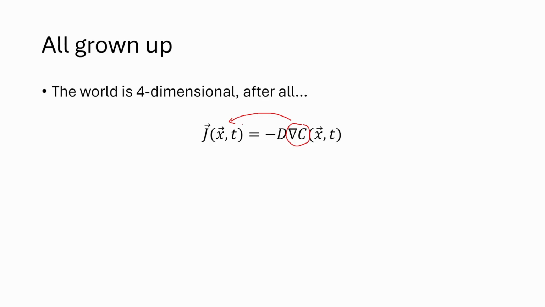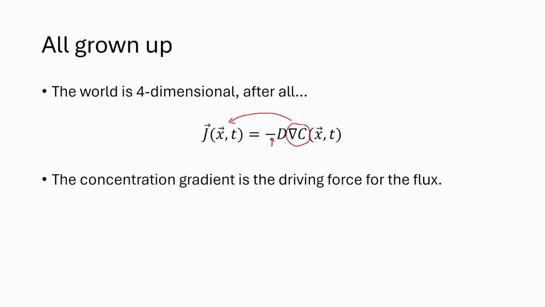These two vectors are directly proportional to each other. They're pointed in the same way. So now we say, okay, when I have concentration gradients, then the direction of the flux, the direction where the particles move, they're going to move from higher to lower concentrations, and that's what is coming out of the negative sign here. So the driving force for the flux, the cause that makes the flux happen, is the concentration gradient.